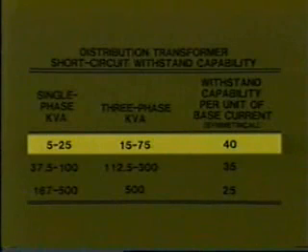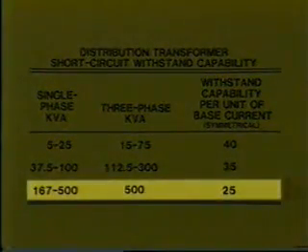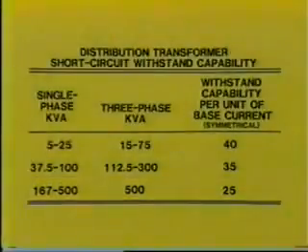For example, a single phase transformer in the range 5 to 25 kVA can withstand a maximum fault current of 40 times full load current for an extremely short period of time. Single phase transformers whose sizes range from 167 to 500 kVA are capable of withstanding fault currents of 25 times full load current.